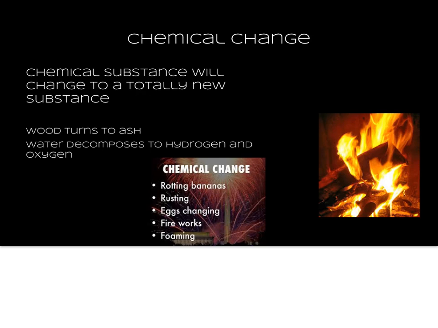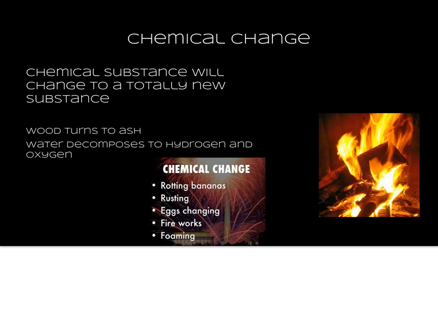Anytime you have a chemical change, you're going to be looking for key words like burning, rotting, rusting. Another word for rusting is oxidizing. You might want to write that down.